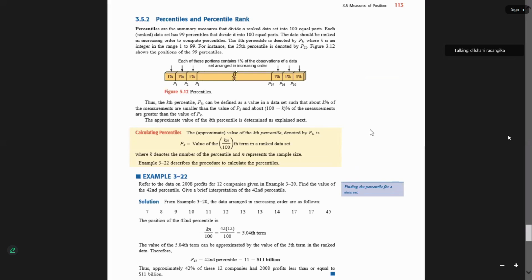Okay, then if I gave you, let's assume that I'm giving you 40 datas and ask you to prepare the stem and leaf diagram, then I'm asking to find the median and Q1 and Q3 and IQR, right? So then how can you find it?